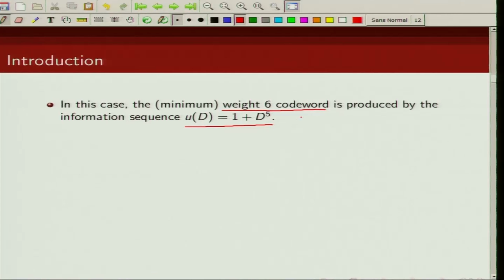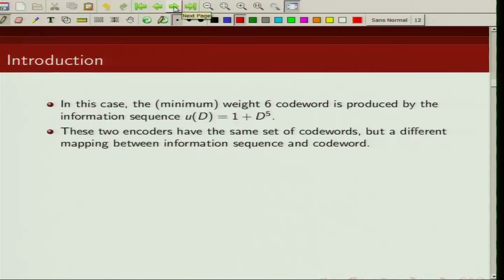So this is 1 0 0 0 0 1, that is 1, D, D squared, D cube, D^4, D^5. So this is produced by a sequence of this form. Now since these two generator matrices are equivalent, they will produce the same set of code words. The only difference is that the mapping between the information sequence and code word will be different.